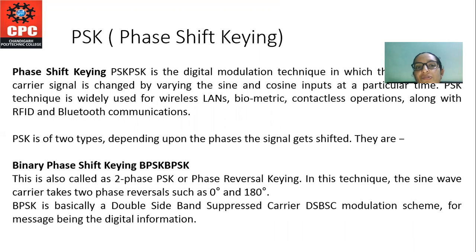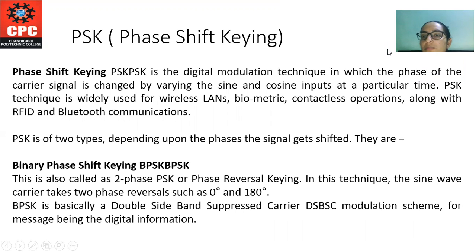PSK is phase shift keying. It is a digital modulation technique in which the carrier signal is changed by varying the sine and cosine inputs at a particular time. PSK technique is widely used for wireless LANs, biometric, contactless operations, along with RFID and Bluetooth communications.